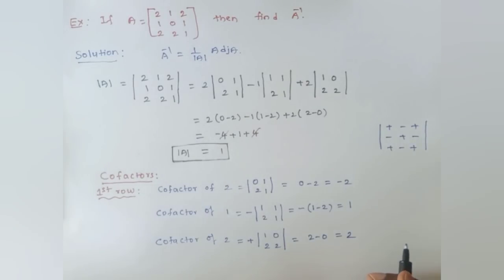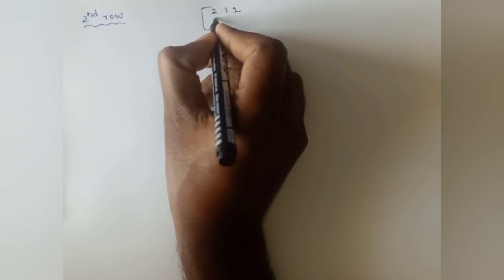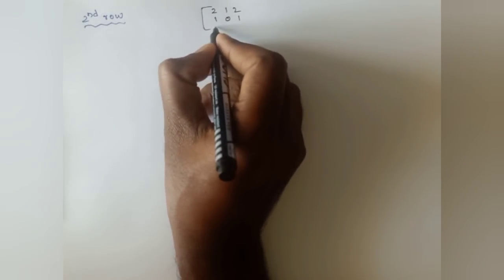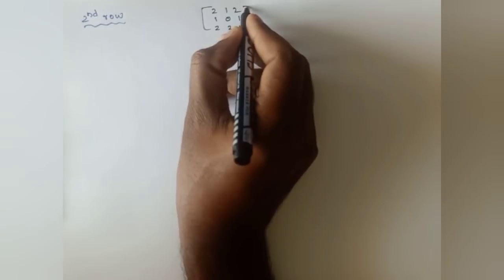Okay, next find out the second row elements. The second row elements are 1, 0, 1. So better write the matrix here. The matrix is 2, 1, 2, 1, 0, 1, 2, 2, 1.